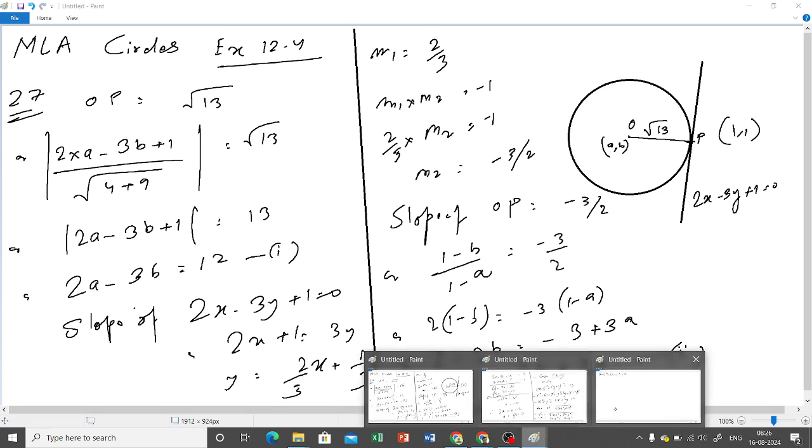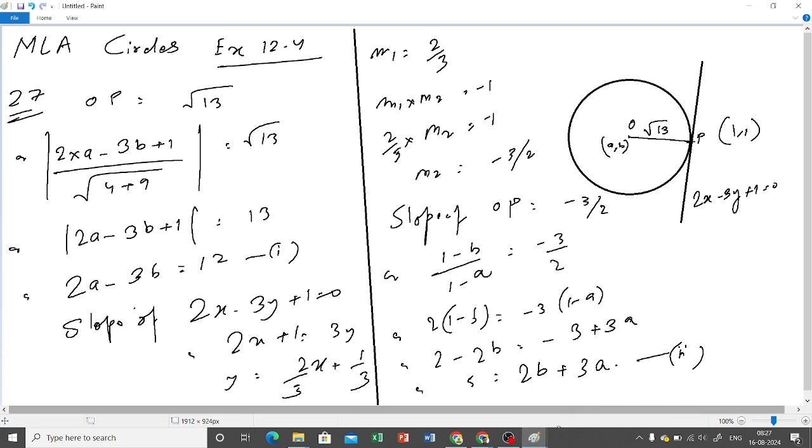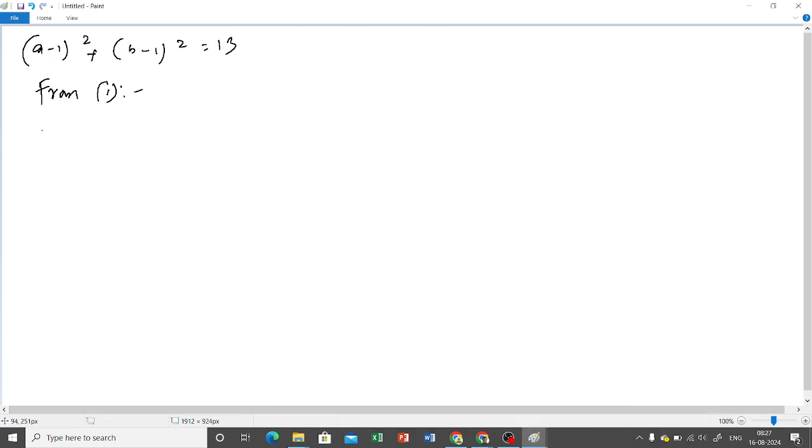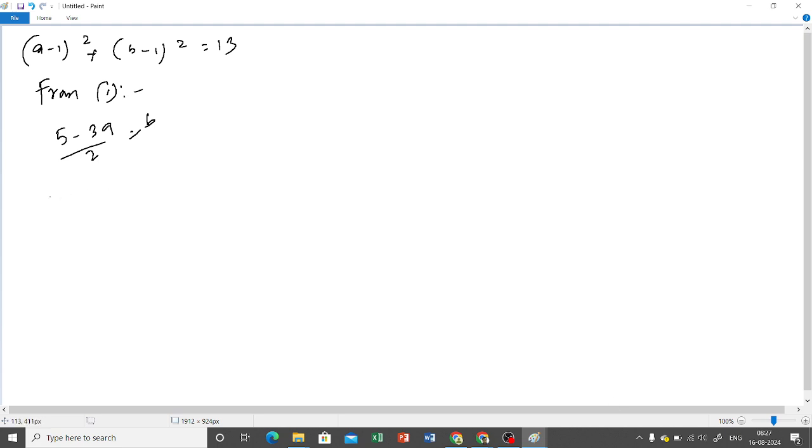Okay, now from equation 1, what is b? That means 3a by 2 equals to b. Substituting into a minus 1 whole square plus b minus 1 whole square equal to 13.